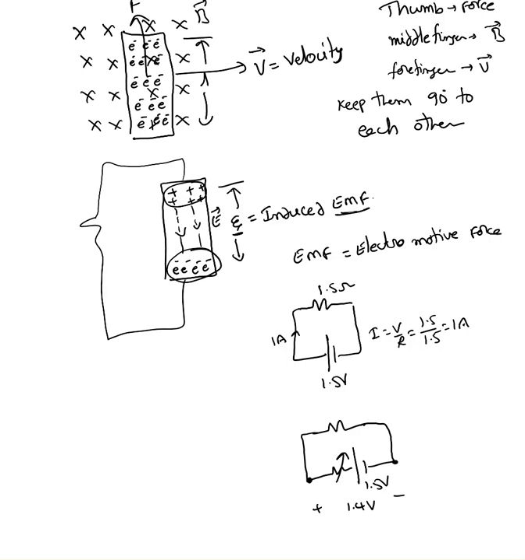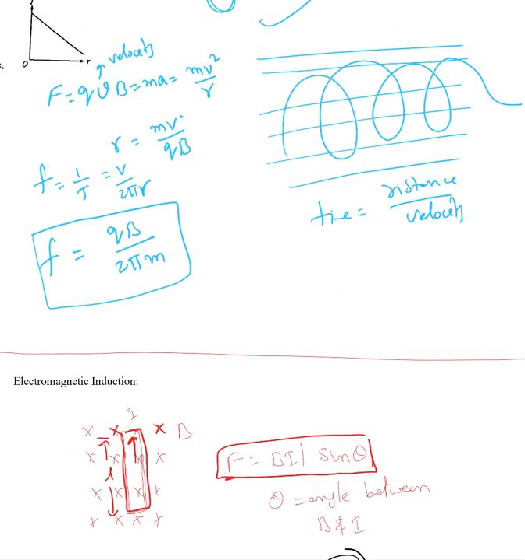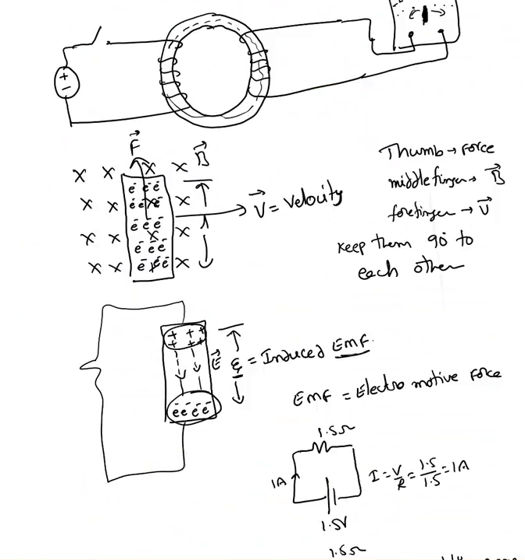We call that the terminal voltage, or voltage available, because there is a voltage drop of 0.1 volt across this resistor. So the current passing through this is I equals 1.4 divided by 1.5, which is 0.933 amperes.